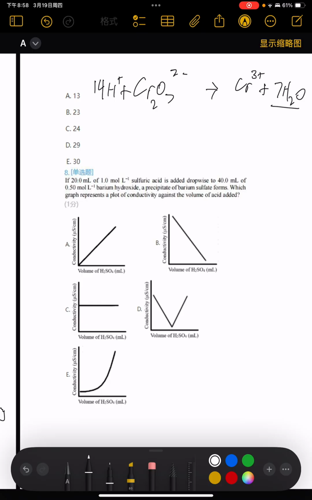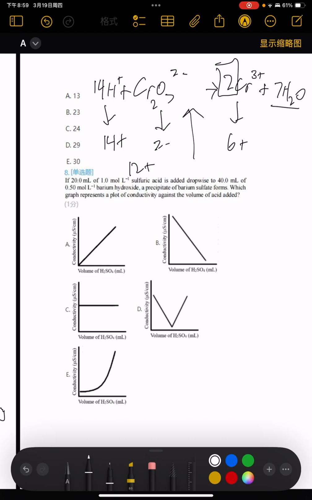And to balance this, you can see that this is already a balanced thing, except that you need a 2 here. So we just add this 2 here, and this becomes a balanced equation. But then the electron isn't complete yet, because this is 14 plus, this is 2 minus, this becomes 6 plus, and this is neutral. So over here, there's a charge of 12 plus, and there's a charge of 6 plus, which means that we need to add 6 electrons to the left side.